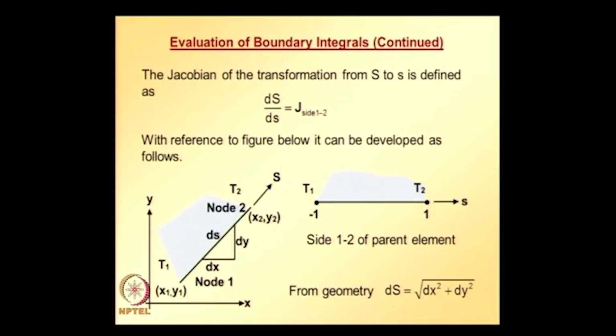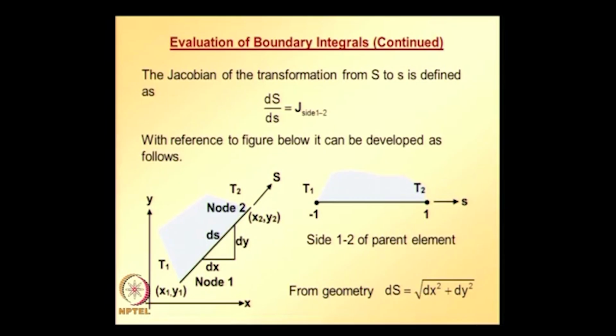The small differential element d capital S along side 1 2 in the actual element is indicated there. Actually it should be d capital S, in the figure it is printed as d small s, please make that correction. d capital S can be resolved as dx and dy along x and y, and it can be easily noted that d capital S is equal to square root of dx square plus dy square from Pythagoras theorem.